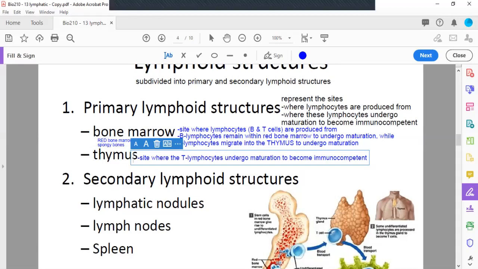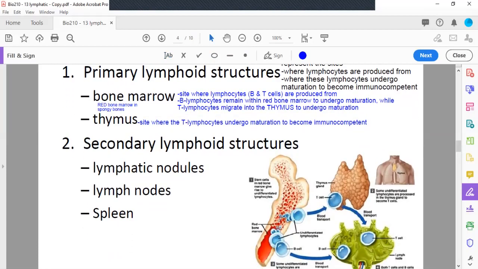Once the B lymphocytes are produced, they remain within the bone marrow to undergo maturation, while the T lymphocytes migrate into the thymus to undergo maturation. If you look at the image right here, you can see that the bone marrow is a site where the B and the T lymphocytes are produced. Now the B lymphocytes remain within the bone marrow to undergo maturation.